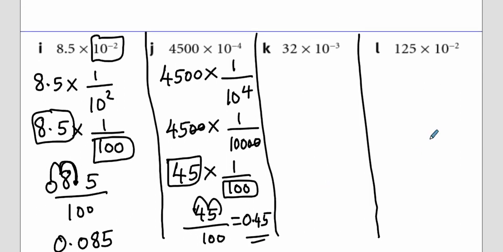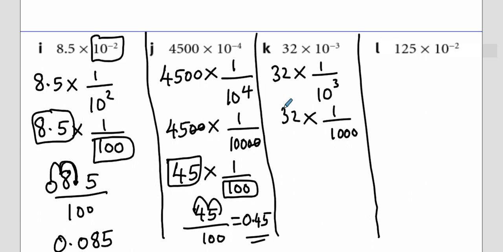So good. This one here, negative power, simple. This will be 32 times 10 power negative 3. Don't worry, do the reciprocal of that. This will be 1 over 10 to the power of 3. This will be 32 multiplied by 1 over 10 power 3, which is 10 times 10 times 10, which is 1000. Now when you reach here, you do 32 divided by 1000.